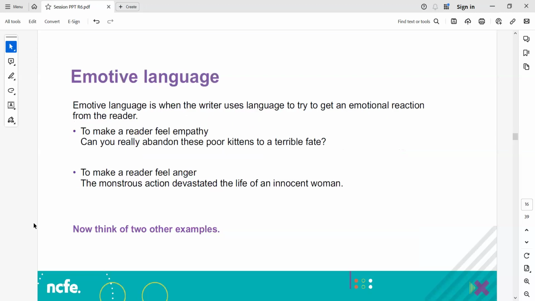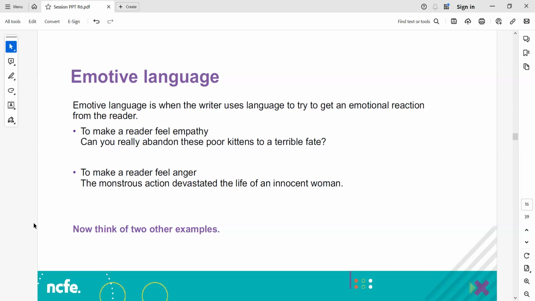Okay. So emotive language. This is when the writer uses language to try to get an emotional reaction from the reader. So in the video that we watched, we saw an advertisement for an animal charity, and the emotive language was used to make a reader feel empathy.